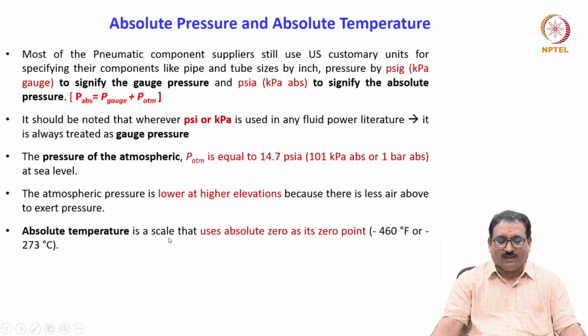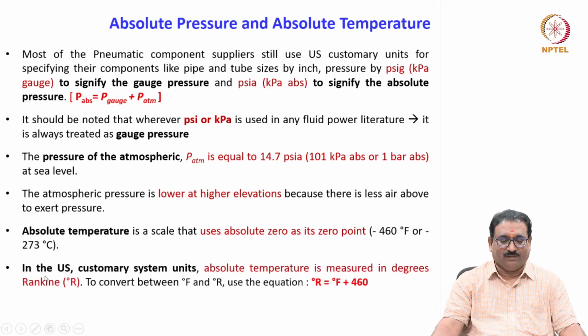Absolute temperature is a scale that uses absolute zero as its 0 point. That is minus 460 degrees Fahrenheit or minus 273 degrees centigrade. In the US customary system, absolute temperature is measured in degrees Rankine.